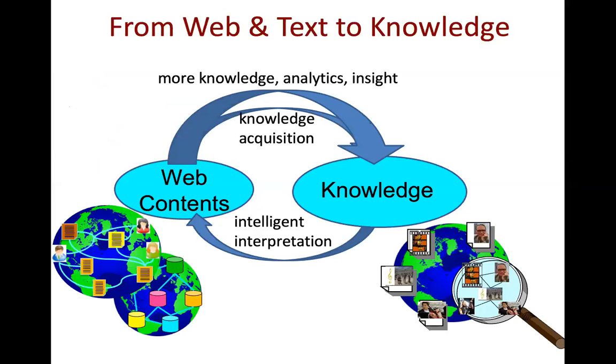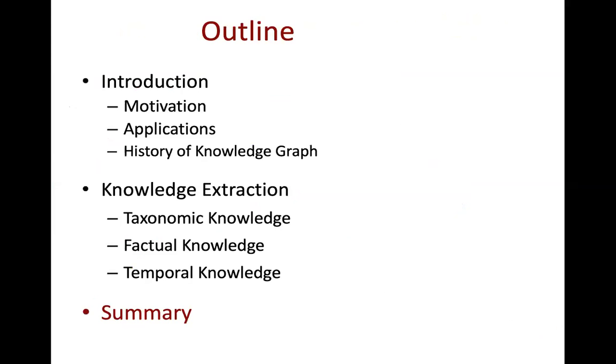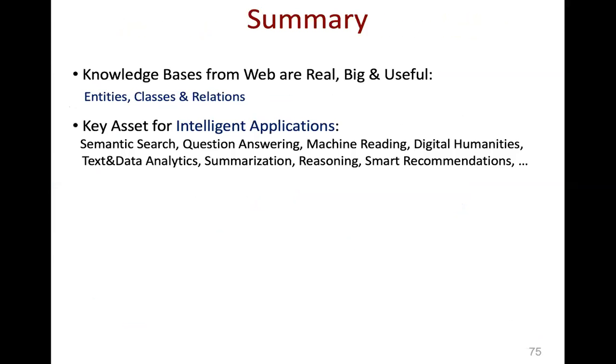So we have some web content, we have some knowledge, we can have intelligent interpretation of web content, and we have knowledge acquisition inside there, and then these universes continuously interact with each other to get better performance in the end.